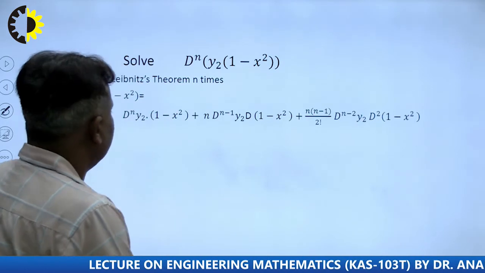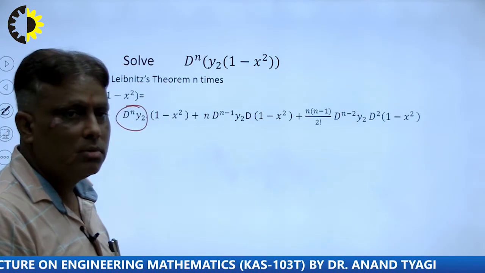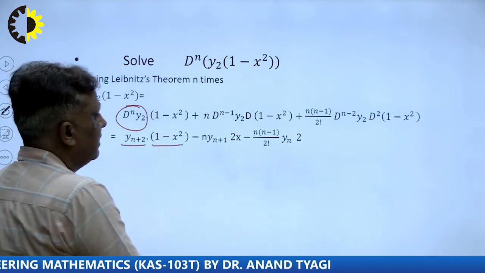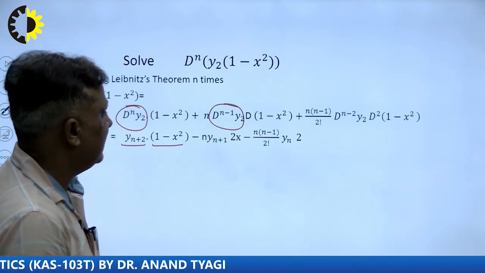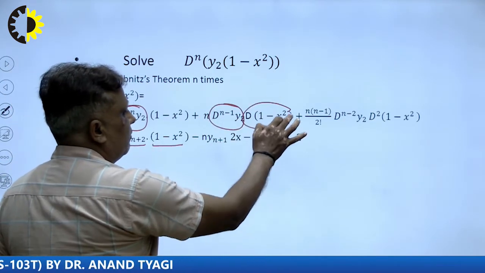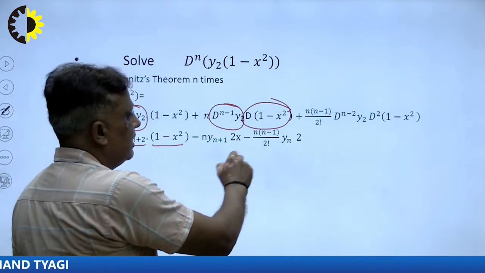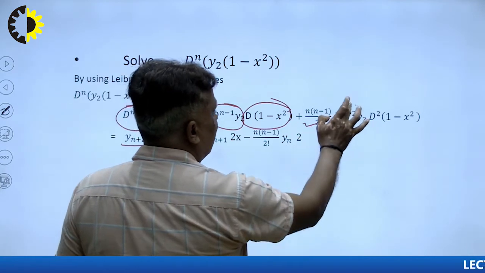So how to solve? What will be the result of these terms? The result of these terms will be y(n plus 2), right? I write here, and this is as it is, right? And the result of these terms will be y(n plus 1), I write here, and the differentiation of 1 minus x^2 is minus 2x. So I write here minus 2x, right? Now these terms, this is as it is. What is the result of these terms?